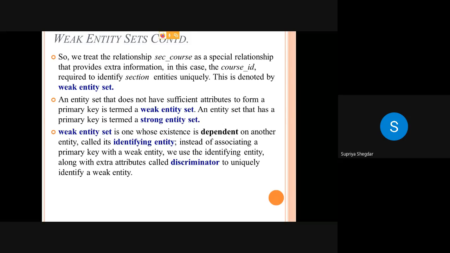So it is called the weak entity set, and the weak entity set is always dependent on another entity set, and that entity set is called the identifying entity set, and we can use one attribute or the primary key with the identifying entity set, and that attribute is called the discriminator of the weak entity set.